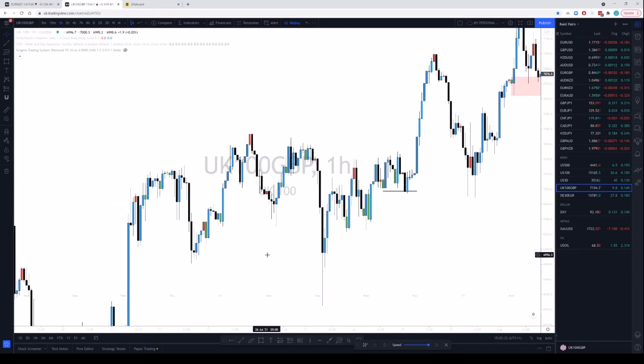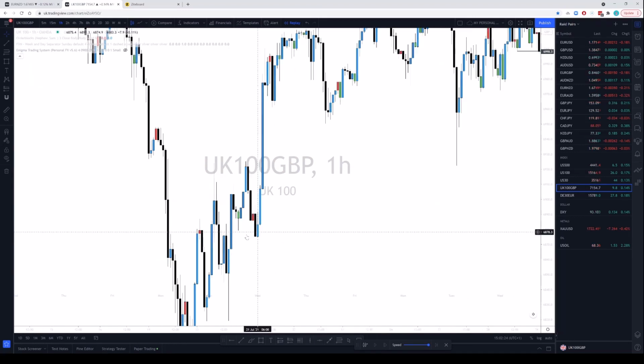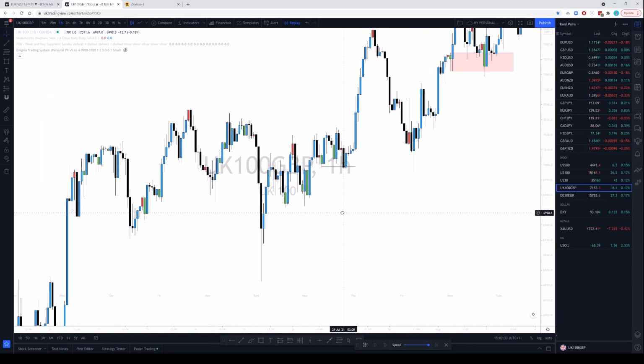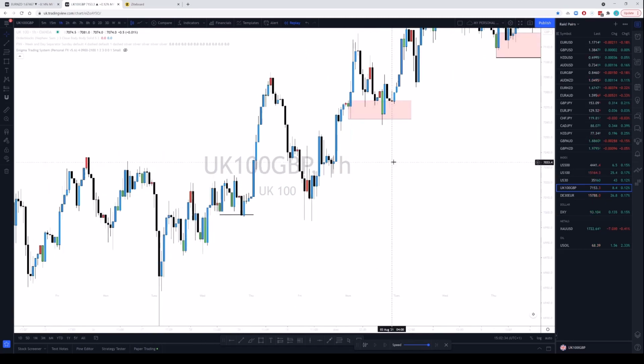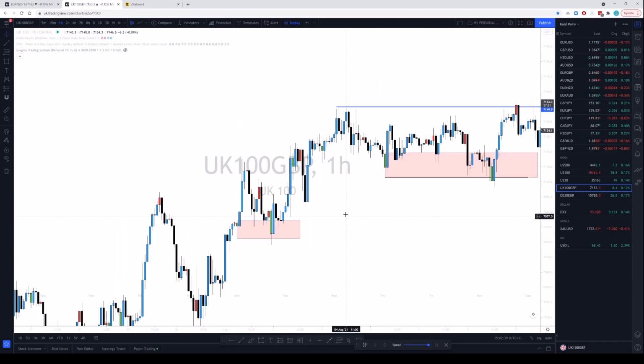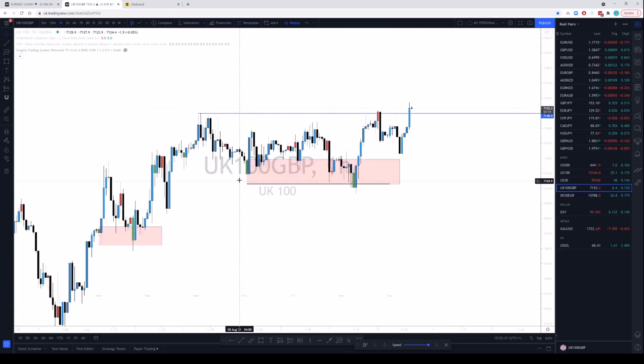Where was the other one? Here, it takes this one out, it's going to create a new order block. Okay, so here it takes this one out, it creates a new order block. Here it takes this one out, it creates a new one.